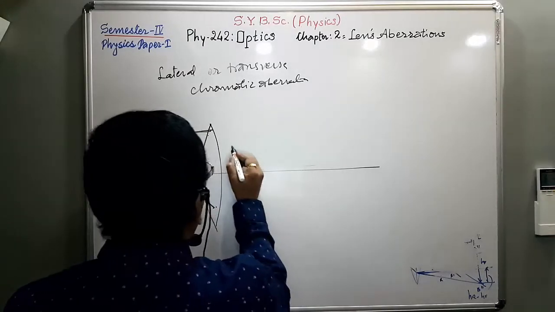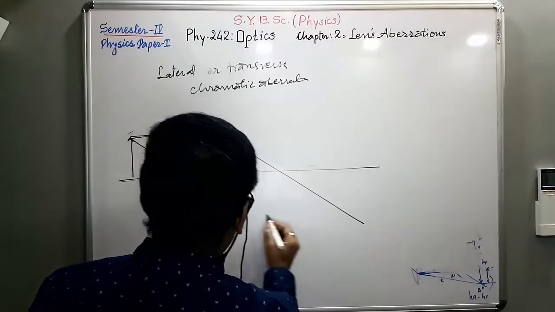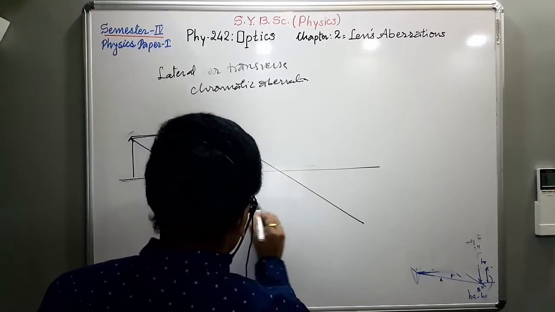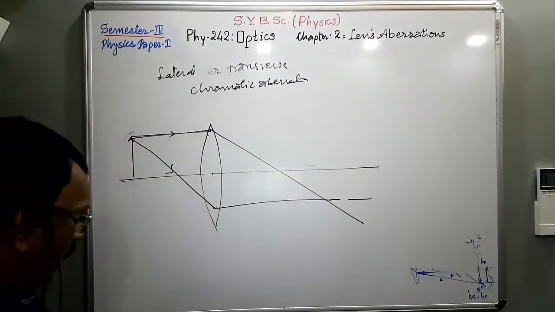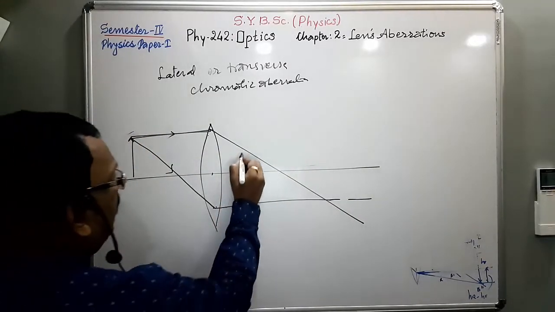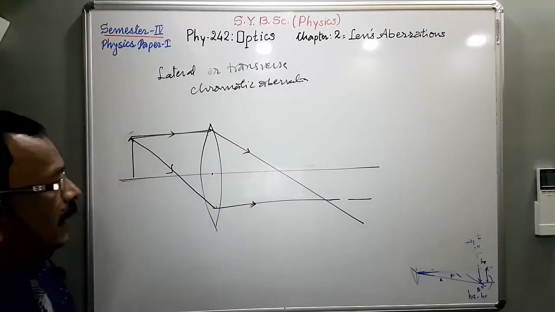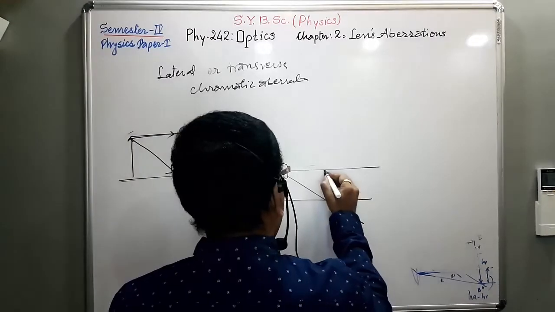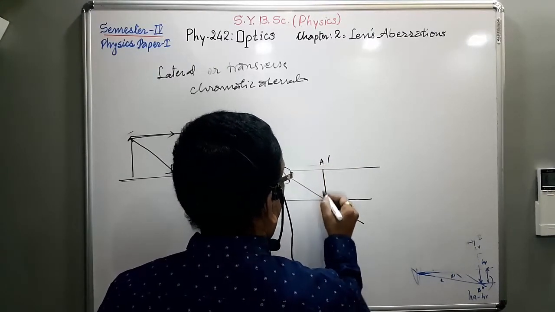Now, after refraction, these are the violet rays. These are the violet rays which are refracted, and after refraction, they come to focus and give the image A prime, B prime.